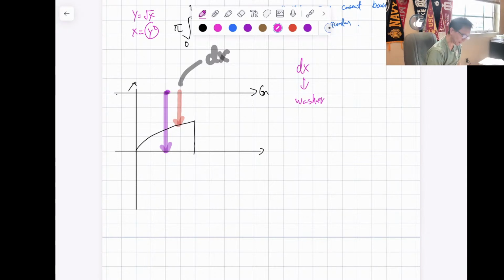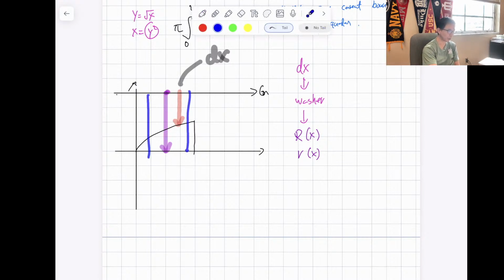So what is the big R of x, and what is the small r of x? The big R of x is the purple line, because it goes all the way to the end, so it's constant throughout. Either here or here, it's always the same value. So that's equal to 4.